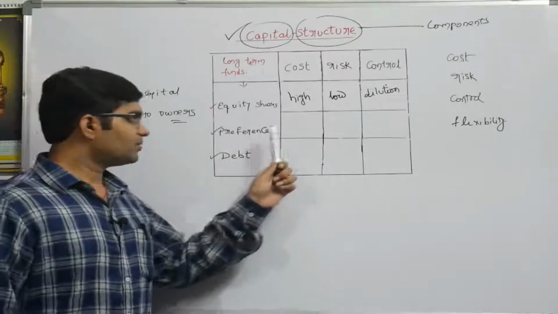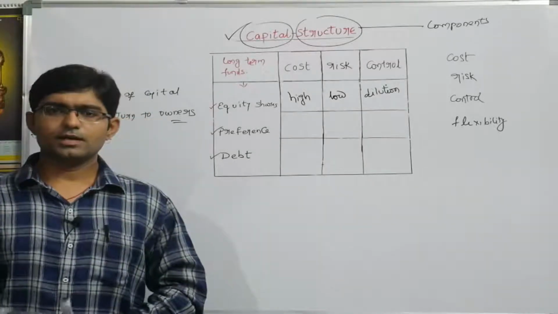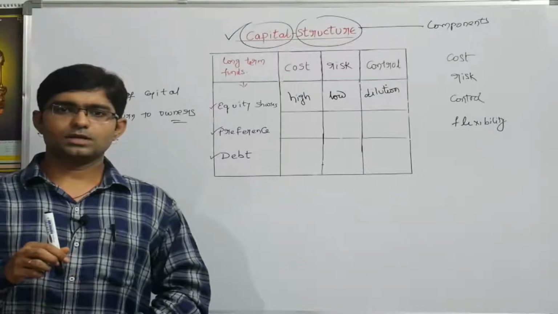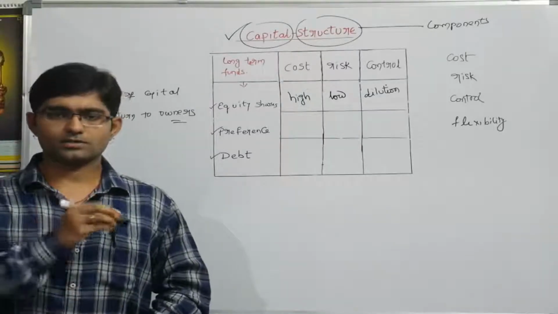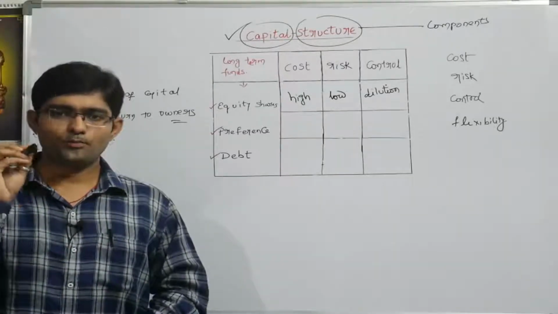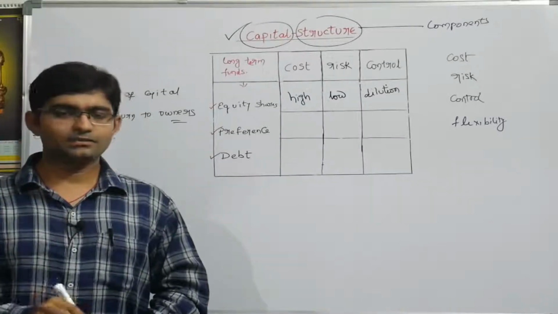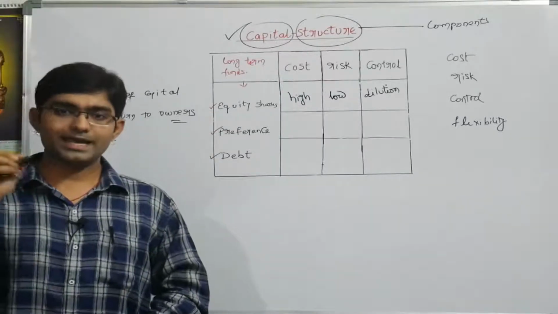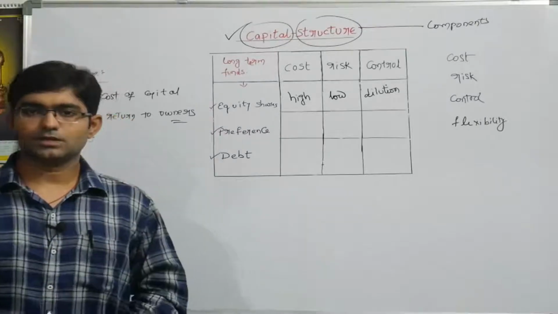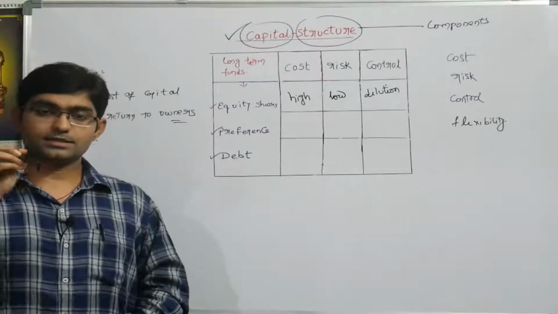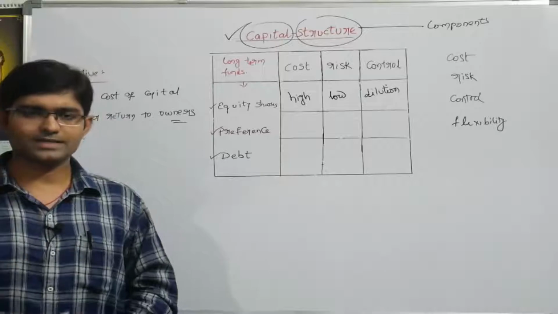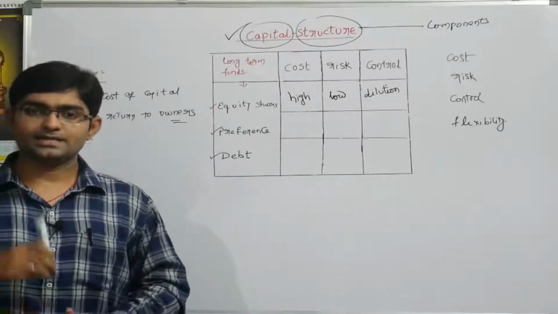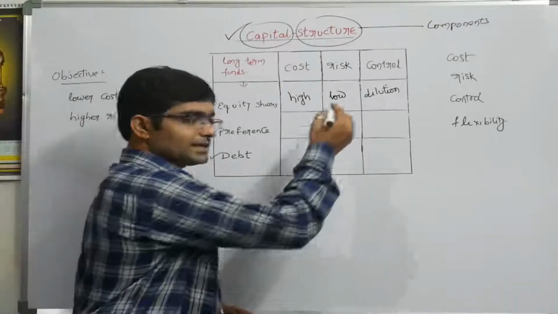So for preference, even in the years of loss, you need to pay. May not be in that year, but in the years of profit, their dividends get accumulated. So there is a risk to the company. There is a burden. Yes, the risk is medium.